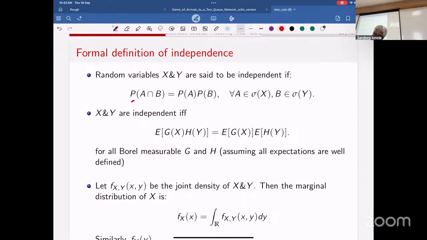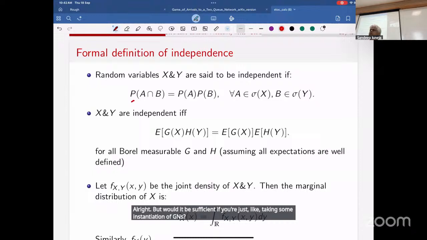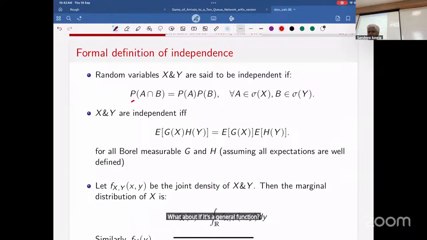But would it be sufficient if we're just taking some instantiation of g of x? So we're taking an indicator function. What about if it's a general function? You're saying that, in some sense, this is an instantiation, right? This is saying the indicator functions are enough to show independence, so these two are equivalent.